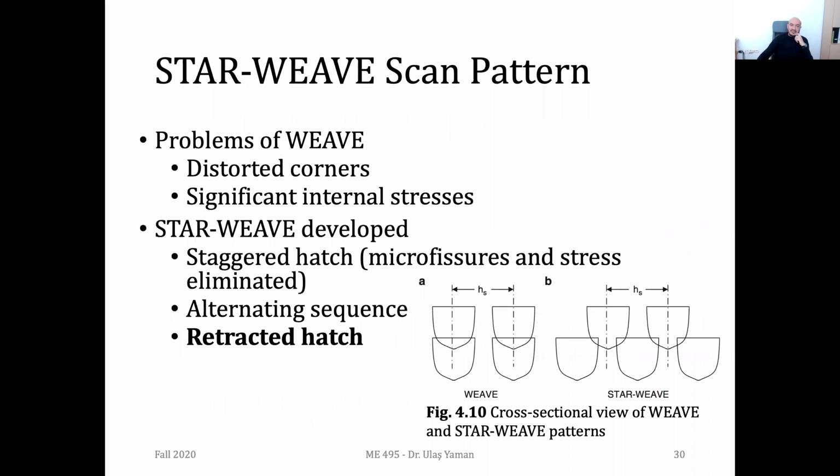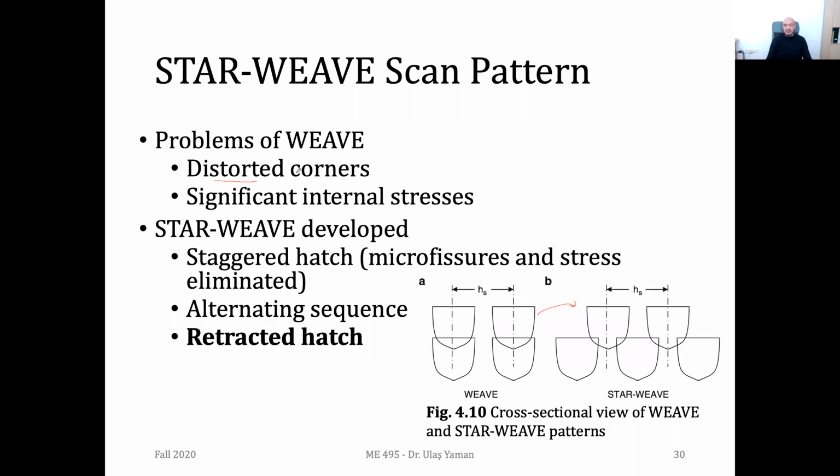Once they saw the issues related to the view pattern, they modified it and called it the star view scan pattern. That's very similar, but the hatches are staggered, so they are not always at the same X and Y values. They are staggered so that, like this one, we will develop less stress and we will not have any distorted corner.